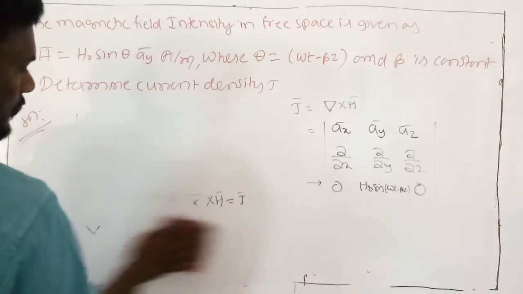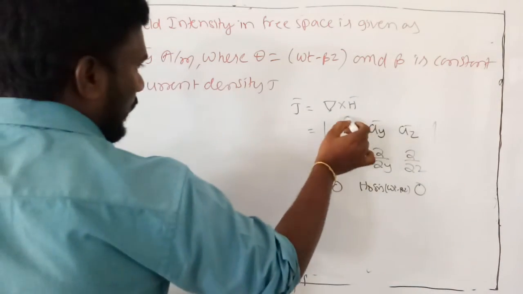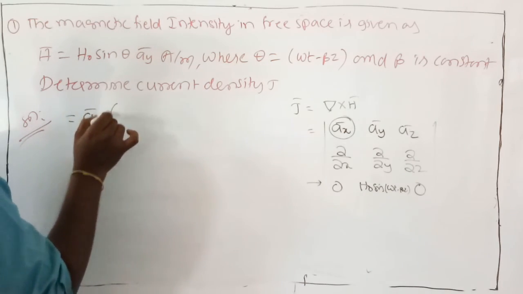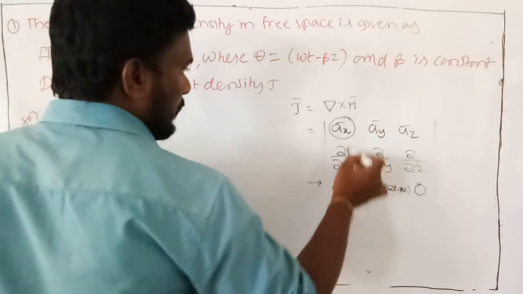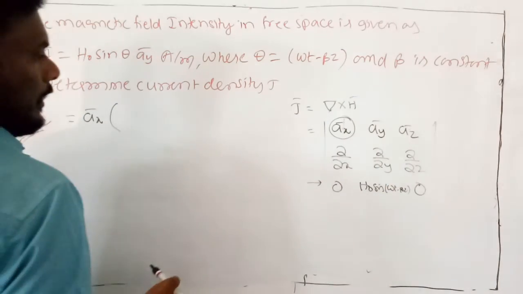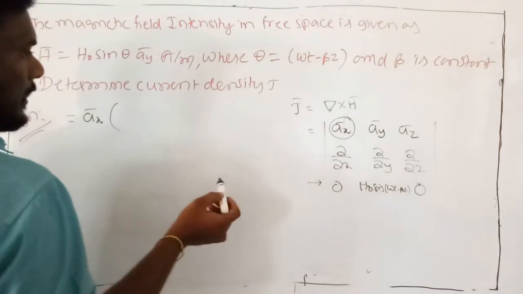All the problems will be like this only. How can you calculate the determinant here? When you take the first row, first element, remove its row and column and do the determinant like AD minus BC.